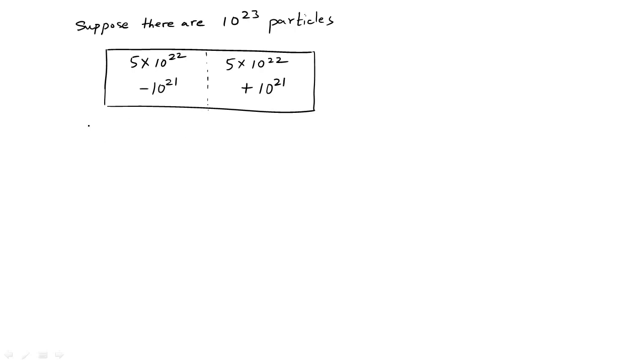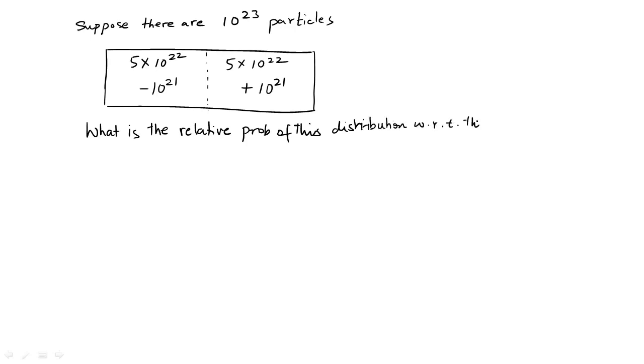My question to you is, what is the relative probability of this distribution with respect to the most probable distribution? As you would rightly guess, the relative probability of this is very, very small, but I would like you to go ahead and actually calculate this number to make sure that you know how to do it.